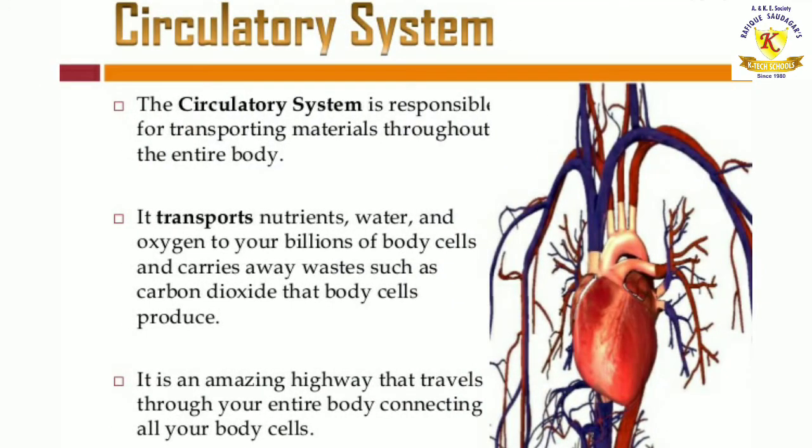The circulatory system is responsible for transporting materials throughout the entire body. It transports nutrients, water, and oxygen to your billions of body cells and carries away waste such as carbon dioxide that body cells produce. So it is an amazing highway that travels through your entire body, connecting all your body cells.